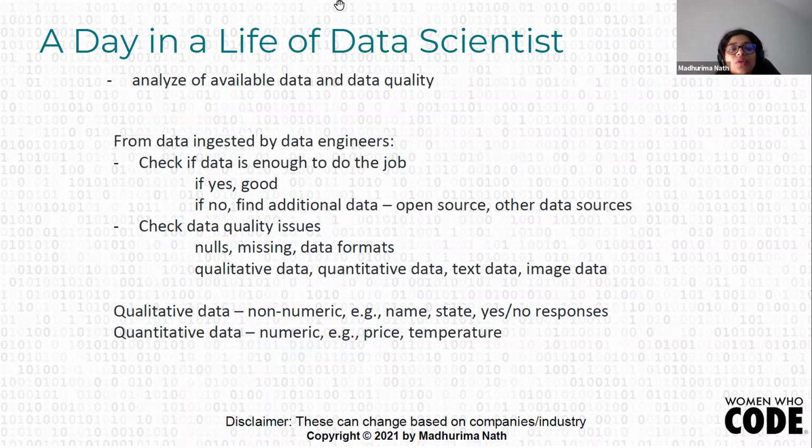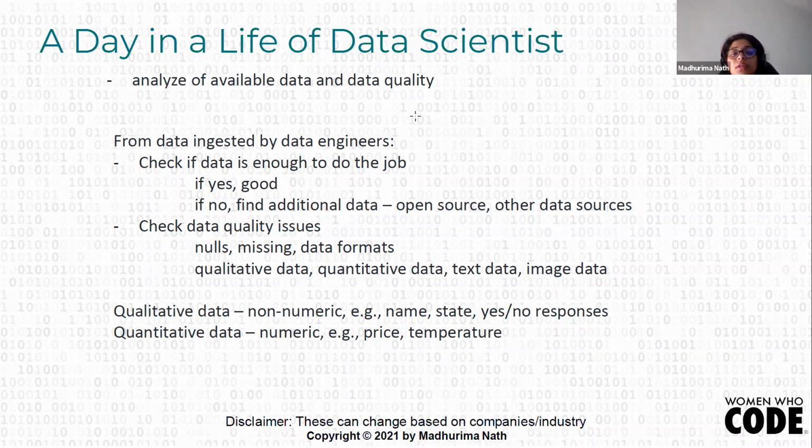Okay. So the second part, which takes, I would say, the majority of the time, is to analyze the data. First, what data is available? Do I have enough data, and will the data I have do the job that I need to do? In terms of the A/B testing that I mentioned, if we don't have data on whether blue is the right color or not, then I cannot do an A/B test.